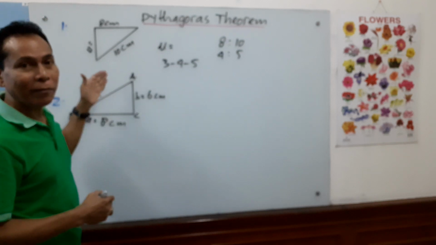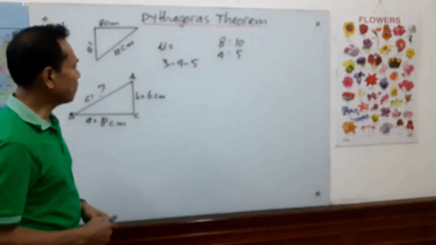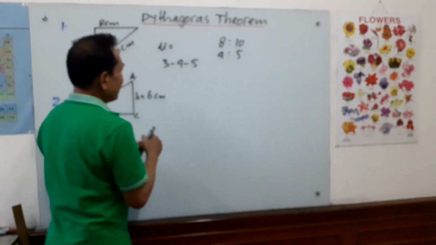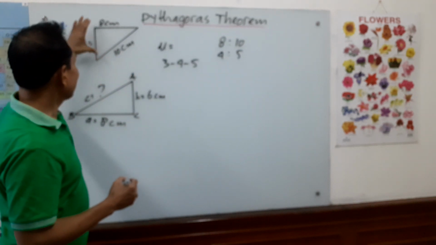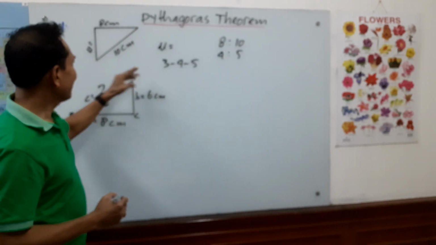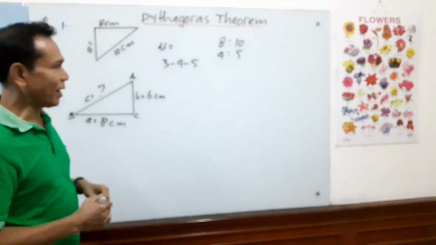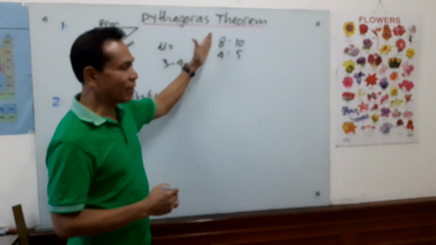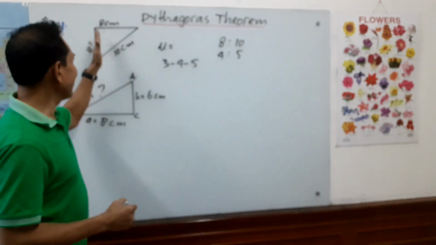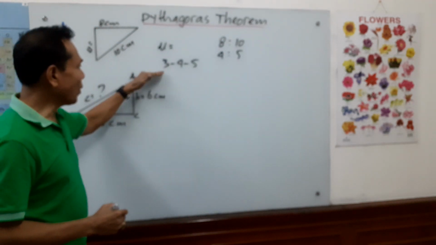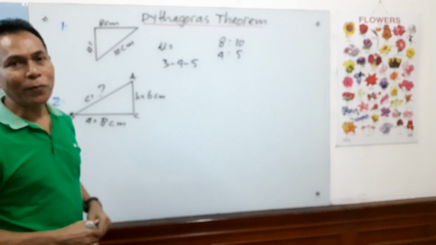We are going to find the value of this x side. Now, since you look at it, you know that it is a 3, 4, 5 triangle. And looking at the given ratio of the other sides, you know that it is a 3, 4, 5 triangle.